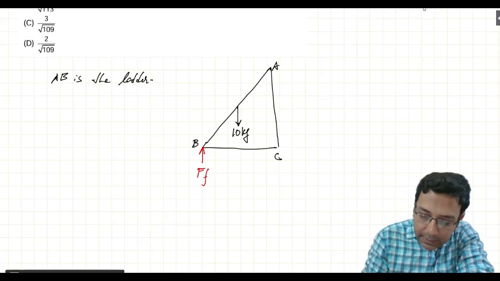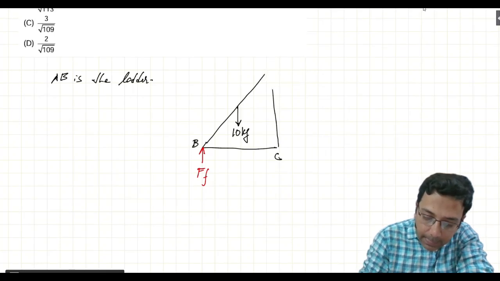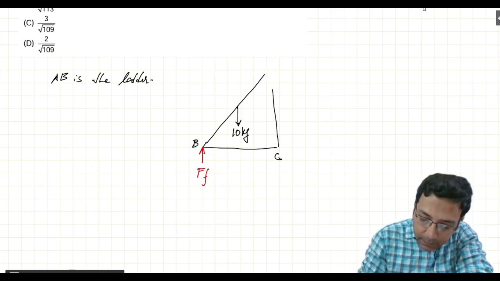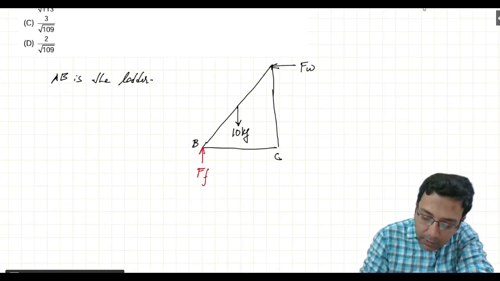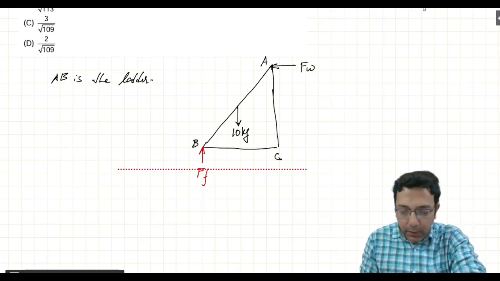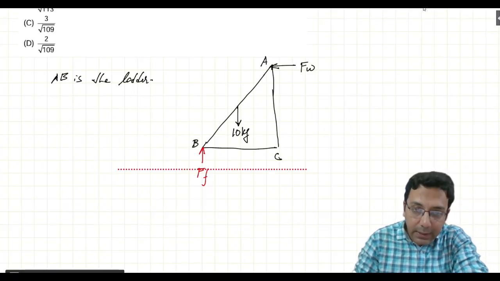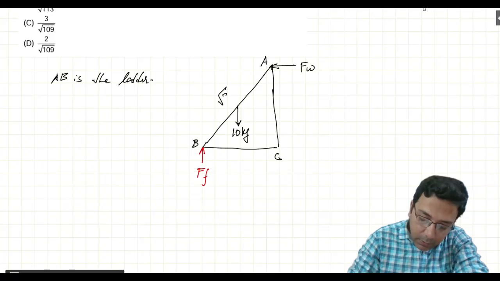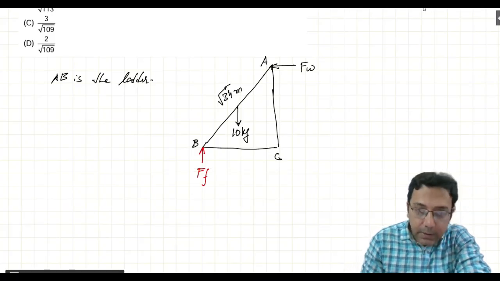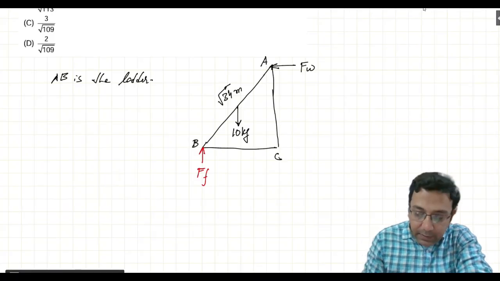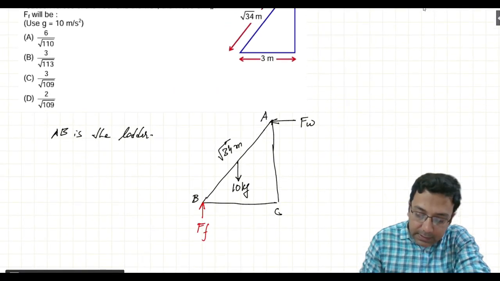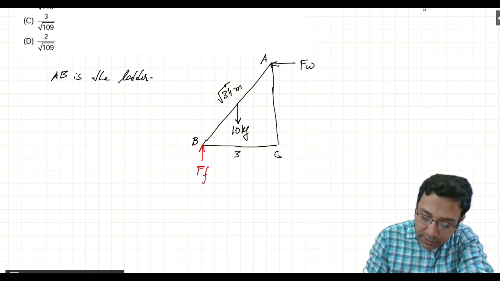Okay, and here there is a reaction force FW. This point is A. This was given to be root 34 meter, and this distance is given to be 3 meter.